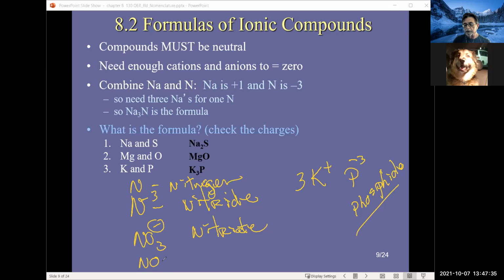And when it's only bonded with 2 oxygens, it is called nitrite. So nitrogen, the element, nitride, the anion specifically, nitrate, the polyatomic ion with 3 oxygens, and nitrite, the polyatomic ion with 2 oxygens. And the same thing we can do with sulfur. Sulfur, we have sulfur.